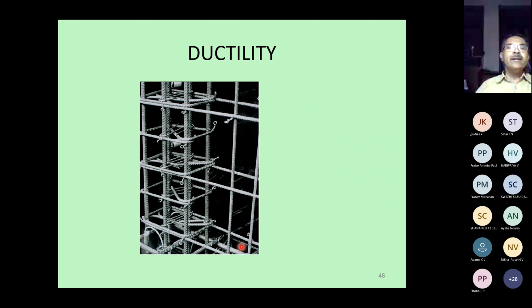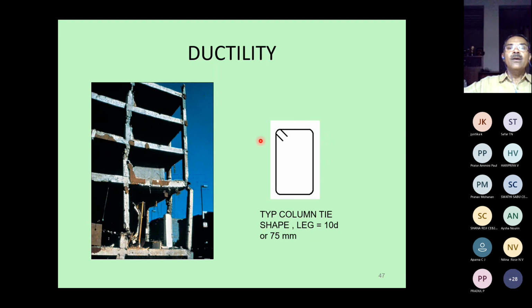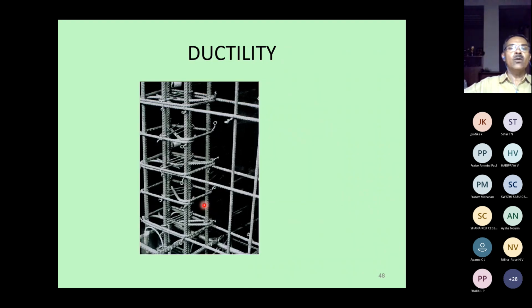Ductility is induced in the structure by providing, as you have seen, the stirrup, in this case a folded 135-degree stirrup instead of the normal 90-degree one. The angle from this horizontal line to this folded stirrup is 135 degrees, 90 plus 45. This leg also, as you take this vertical leg, is 90 plus 45, so it is 135 degrees. You can see closely in this photograph that the stirrup is bent like that in a column.